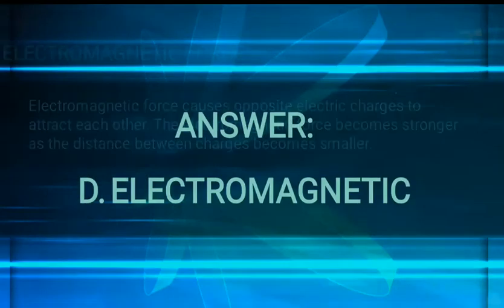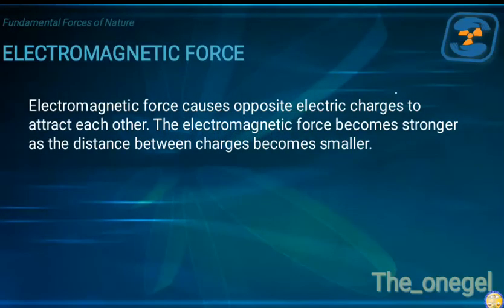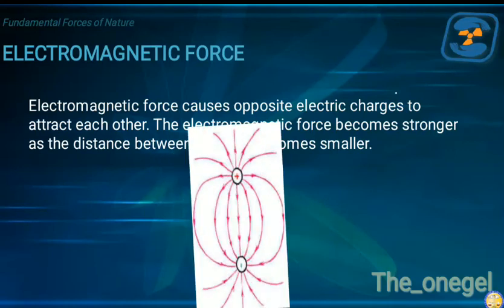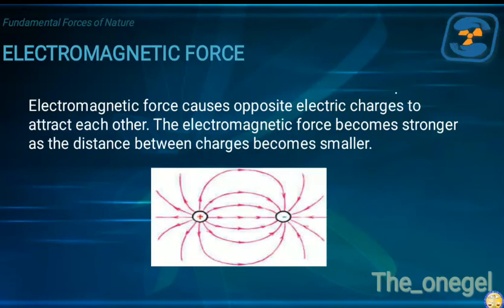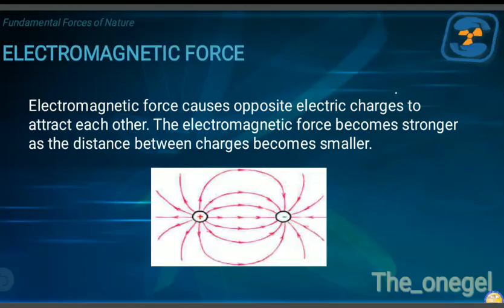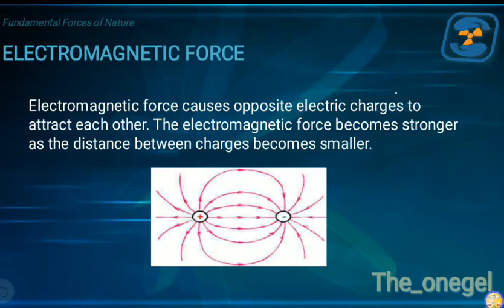So electromagnetic force causes opposite electric charges to attract each other, and the electromagnetic force becomes stronger as the distance between charges becomes smaller. In physics, we will discuss sooner or later Coulomb's law, in which the greater the electrostatic charge of either object, the greater the electrostatic force.